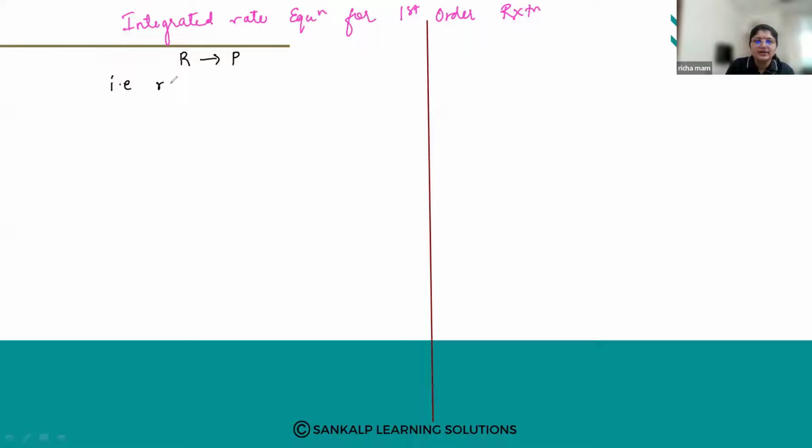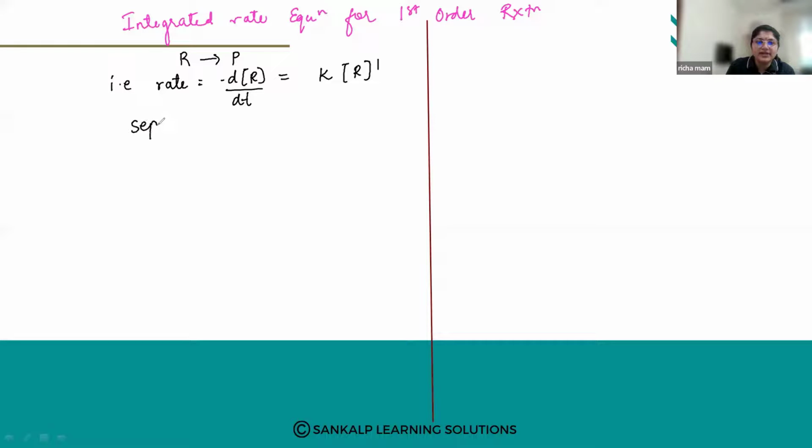So the rate is equal to minus dR by dt, equal to k times R to the power 1. This is with respect to the first order definition, that is the rate of the reaction is proportional to the first power of the concentration term of the reactant.